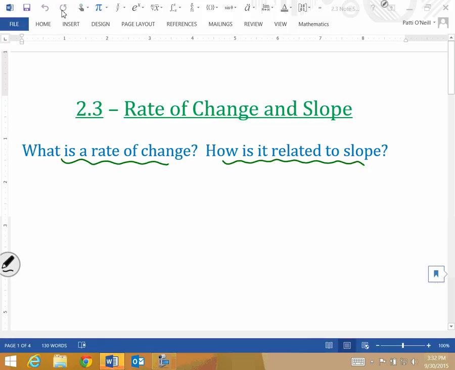I'm going to have you formally define rate of change as this. A rate of change is a ratio. Now, what's a ratio?